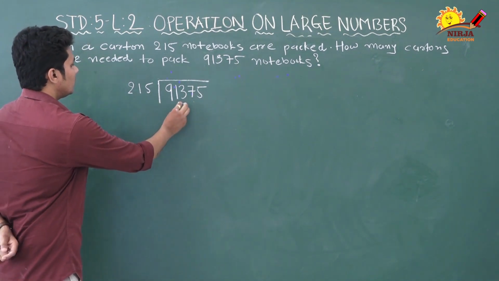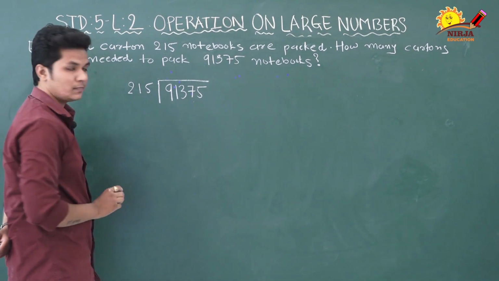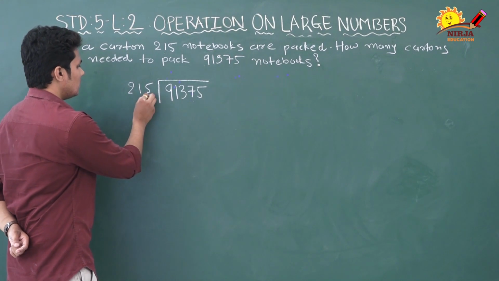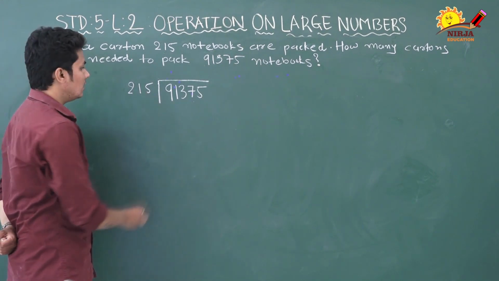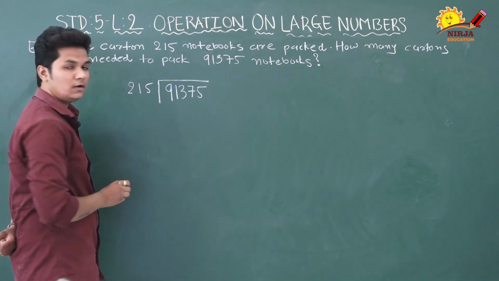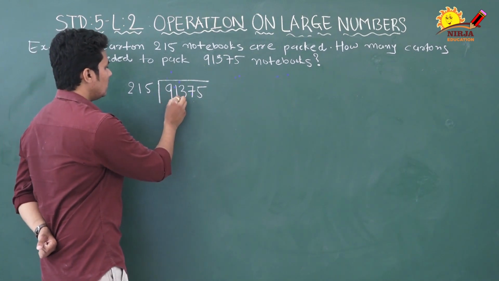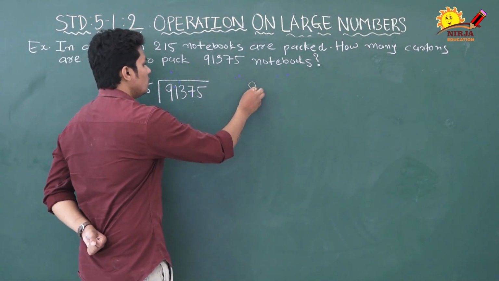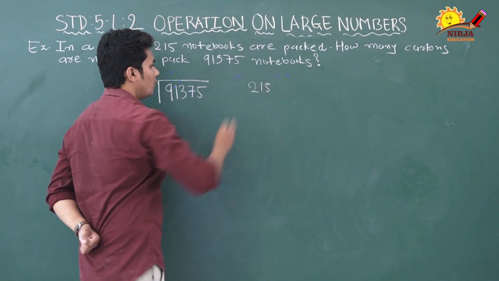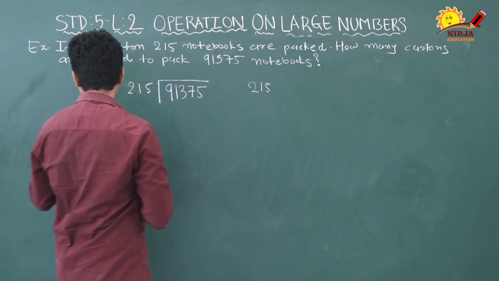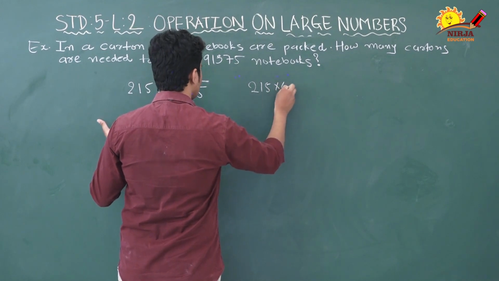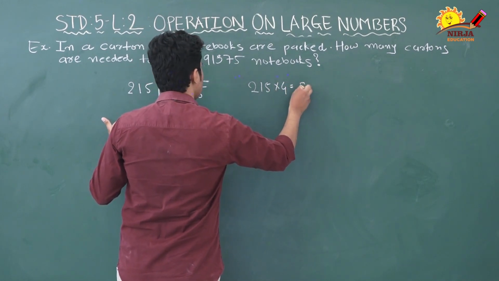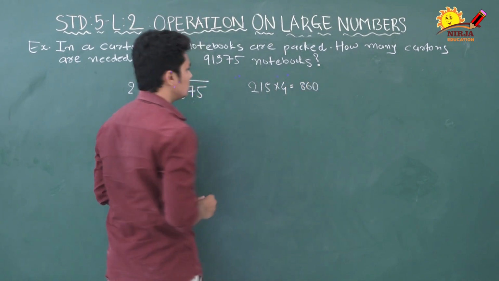Here I have written the dividend and the divisor. There are 3 digits in the divisor, so we will start taking 3 digits from the dividend. Okay, 913. So if we do multiplication of 215 by 4, we get 860.